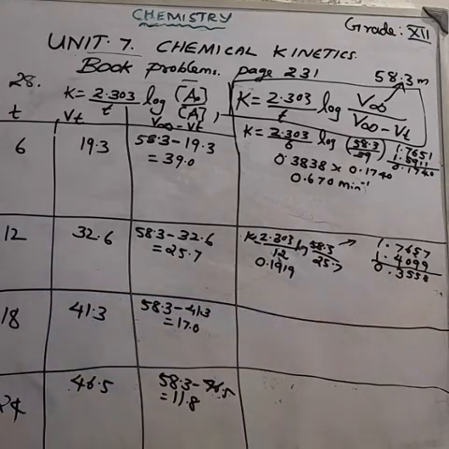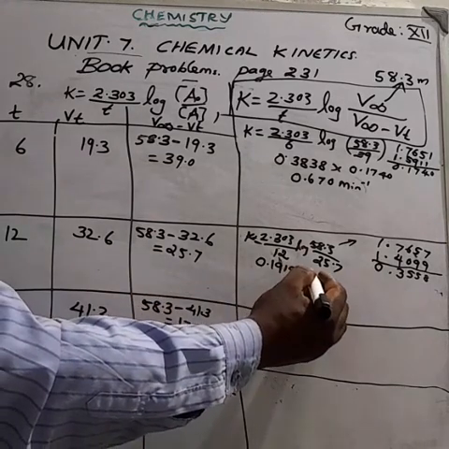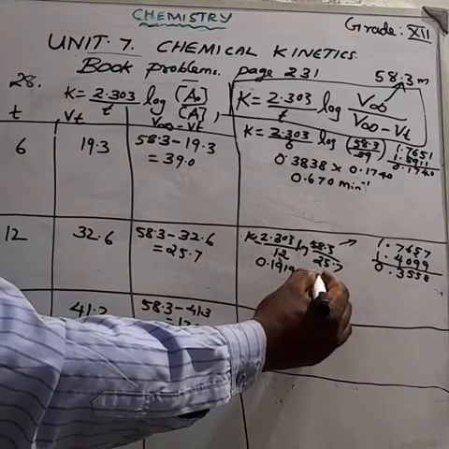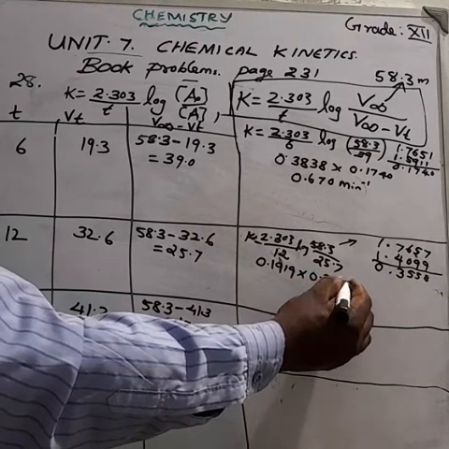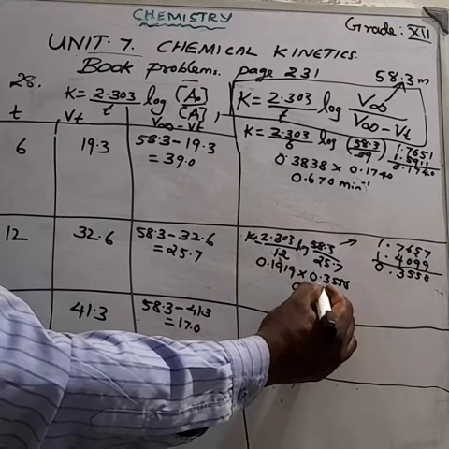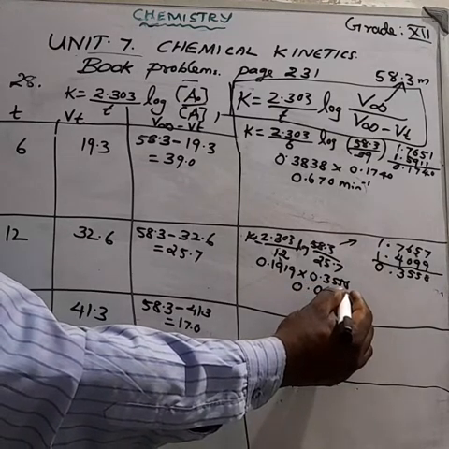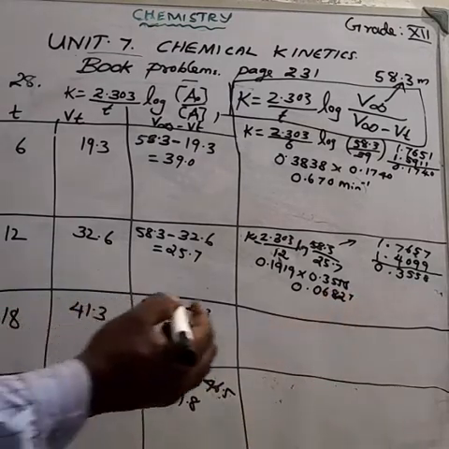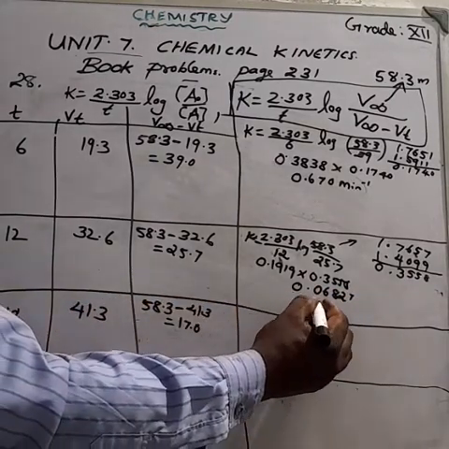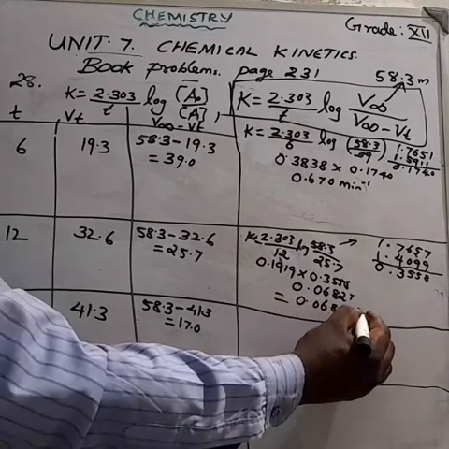Now I am going to multiply 0.1919 into 0.3558, which is approximately 0.06827. That I am going to write as 0.0683 minute inverse.